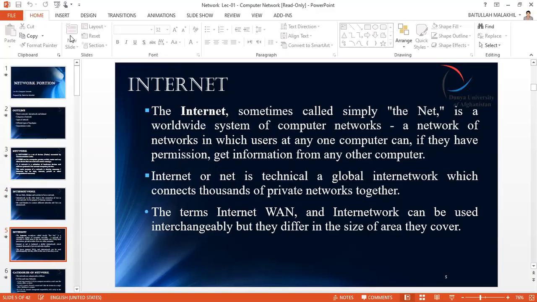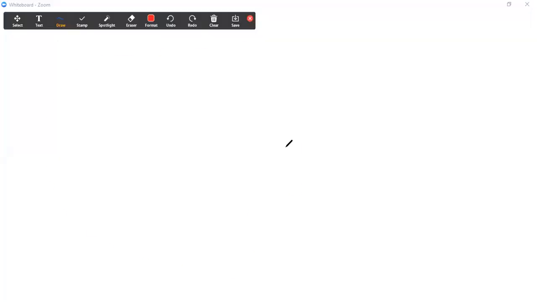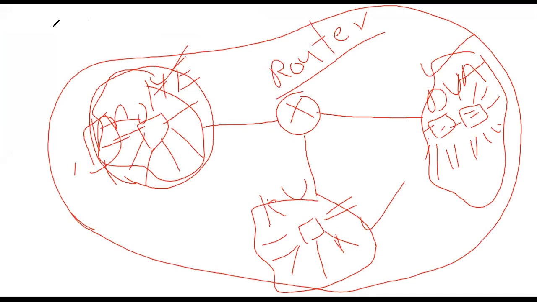Why are they the same? Because a network is a connection of devices, an internetwork is a connection of networks, and the internet is also a connection of networks, but an internetwork can be very small.